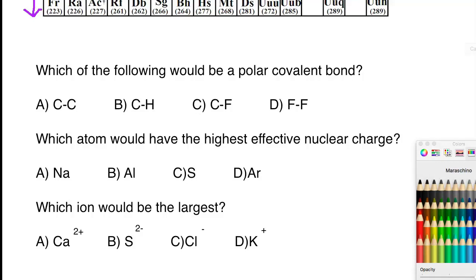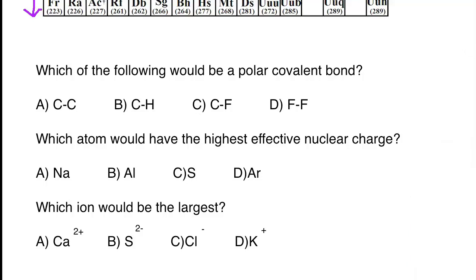Alright, welcome back. I am assuming at this point you've had a chance to attempt to answer these questions for yourself. So if I take a look at this, the correct answer for the first one is going to be that carbon-fluorine is a polar covalent bond.